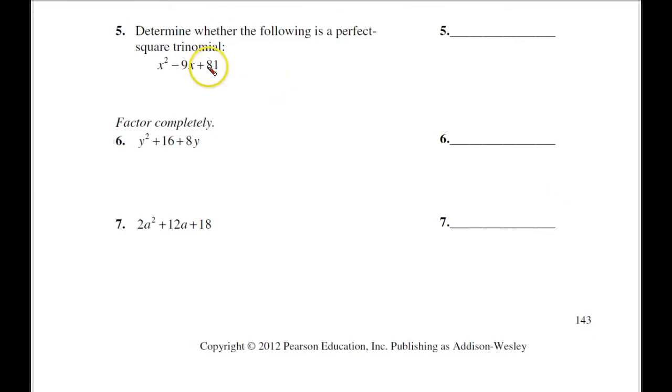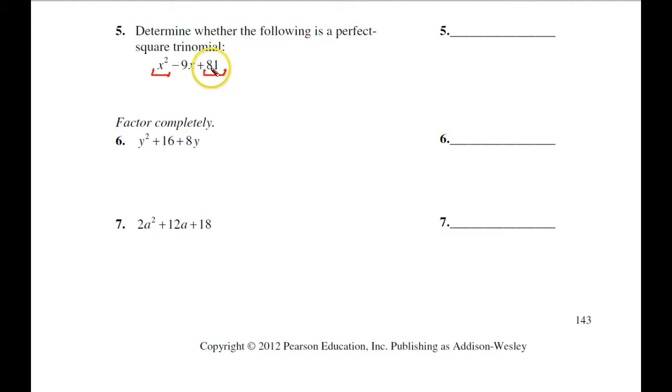Now, in example 5, they're asking us, is this a perfect square trinomial? Well, the test of it is, well, this is a perfect square, and this is a perfect square, so that part it meets. But what's the square root of 81?